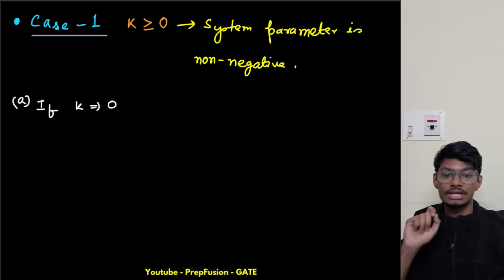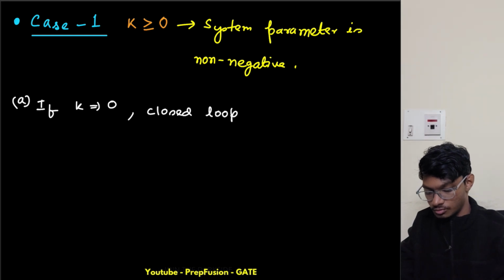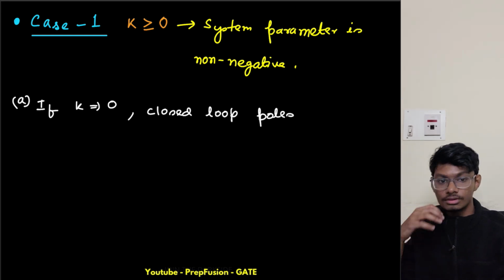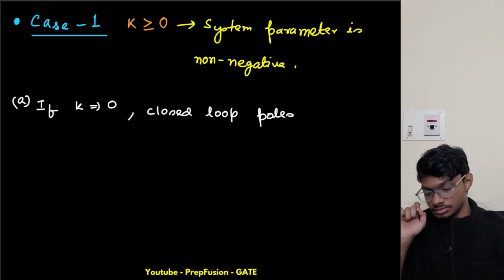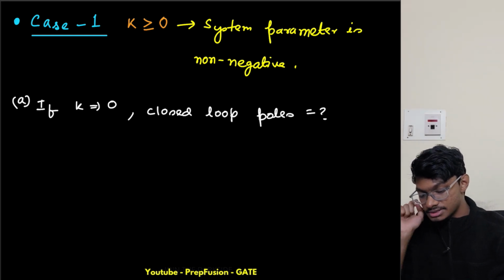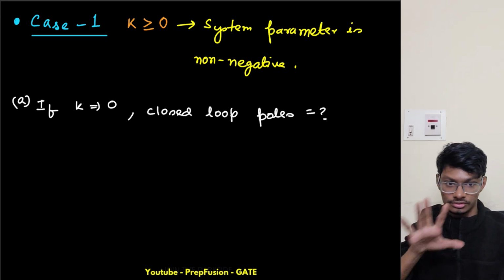So if my k is tending to 0, then what is happening to the closed loop poles? Where will the closed loop poles be? We have to see, but just keep in mind that k equals 0 has no actual significance.